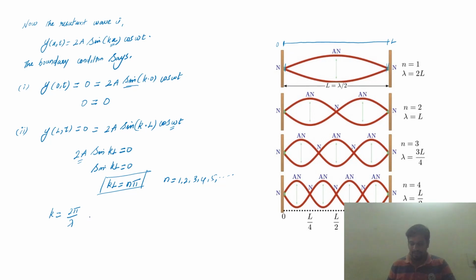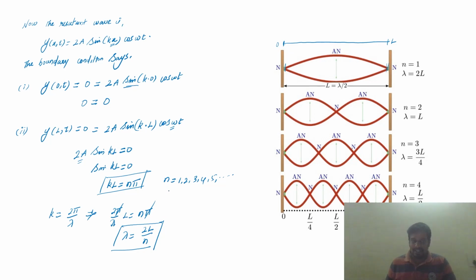Replacing k, 2 pi by lambda times L equals n pi, and the pi cancels. So the wavelength lambda equals 2L by n. One can use this equation to find the wavelength of the standing wave.